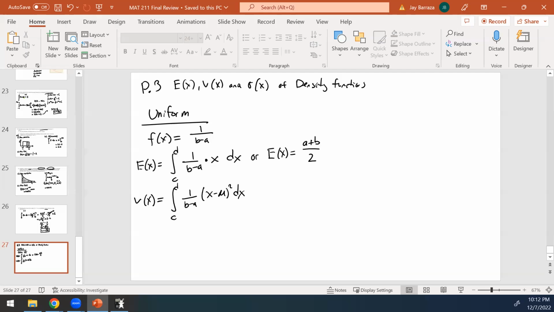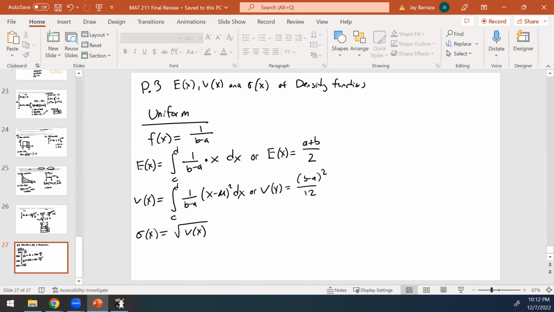Or the shortcut, which is not easy to remember off the top of your head because it's kind of a weird one: the variance is equal to b minus a squared divided by 12. Okay. And then the standard deviation is just the square root of the variance.